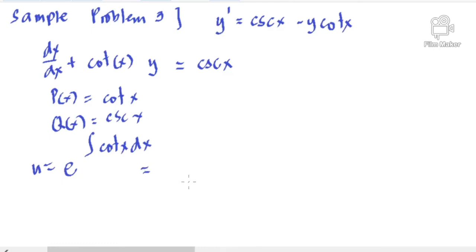Sige nga, naalala nyo pa? Correct, that is ln of sine x. So, e to the ln of sine x, and that is equal to sine x. Okay? So, ano pa? Ngayon, nakuha na natin yung integrating factor.